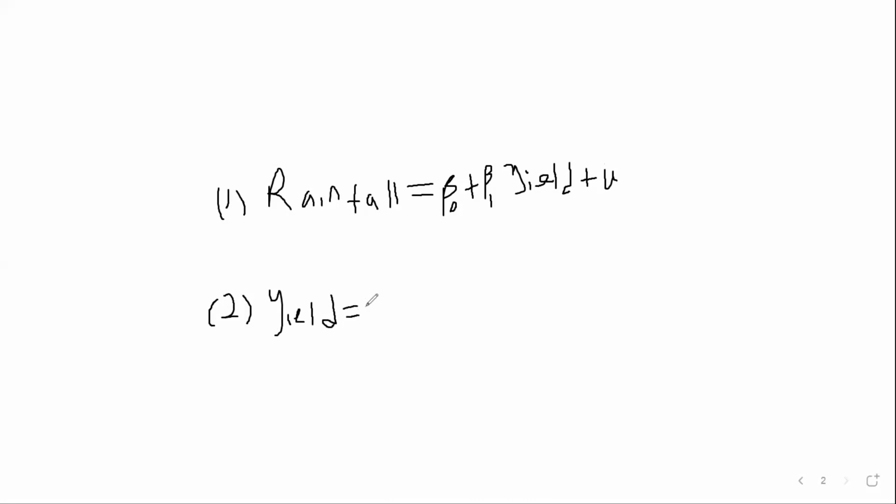You don't know anything in statistics, but you know one of them makes sense. The yield is not different from alpha 0 plus alpha 1 times the amount of rainfall. The yield you see is the amount of harvest, and the rainfall you see is the amount of rainfall. Which of these two relationships makes sense?